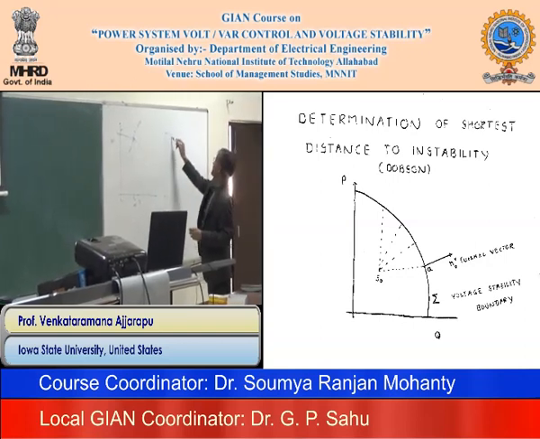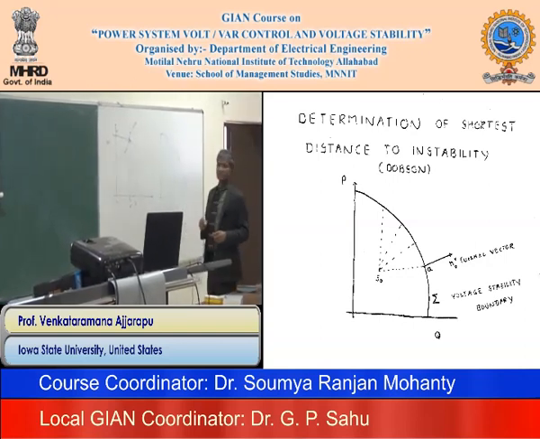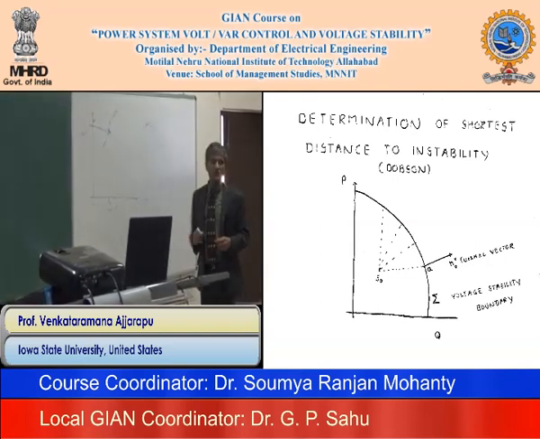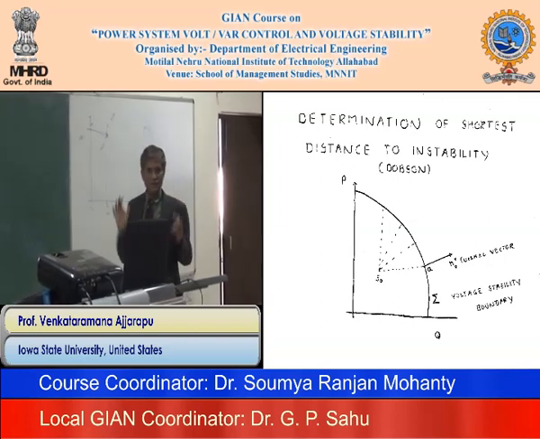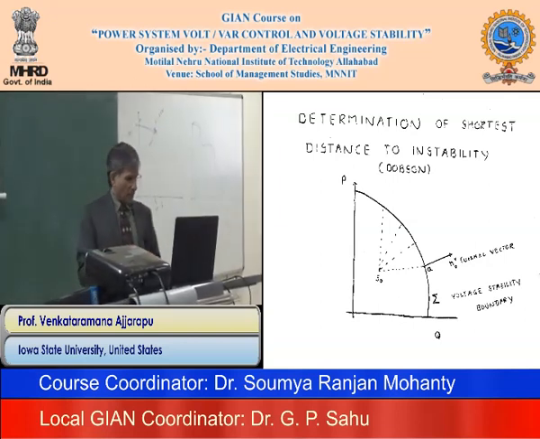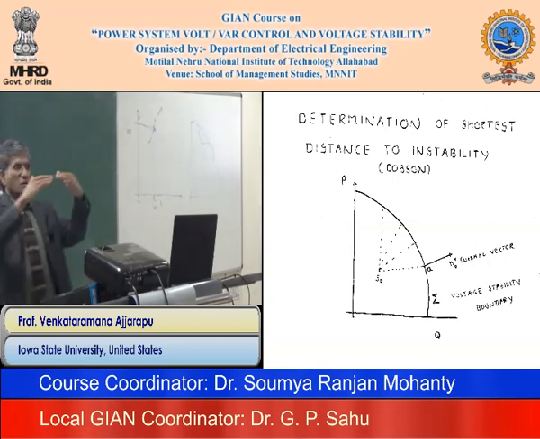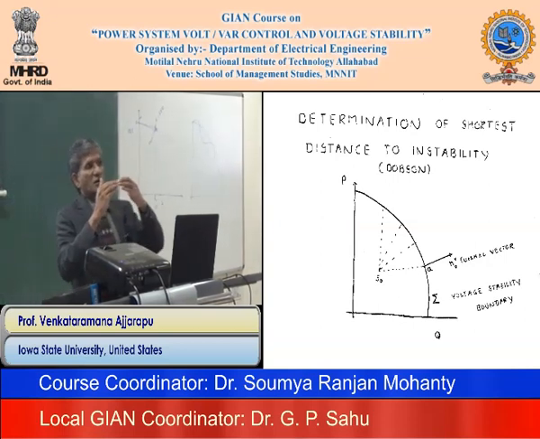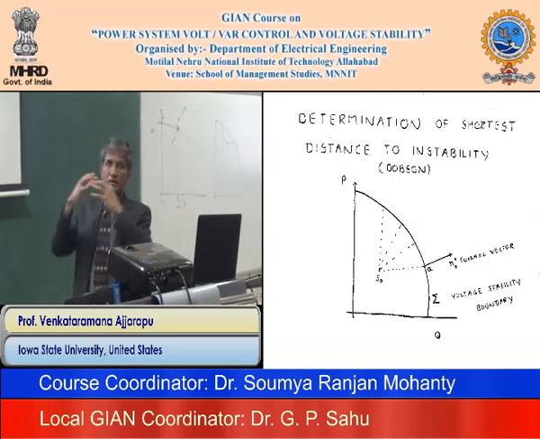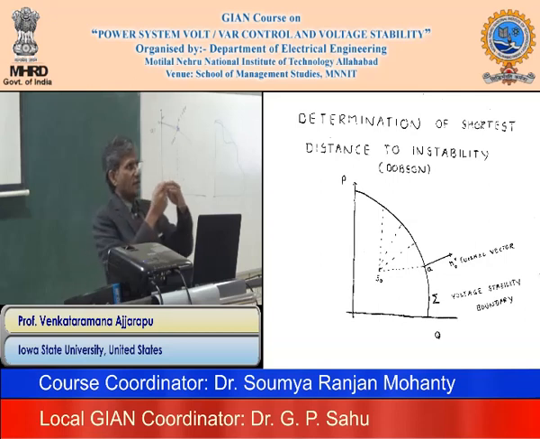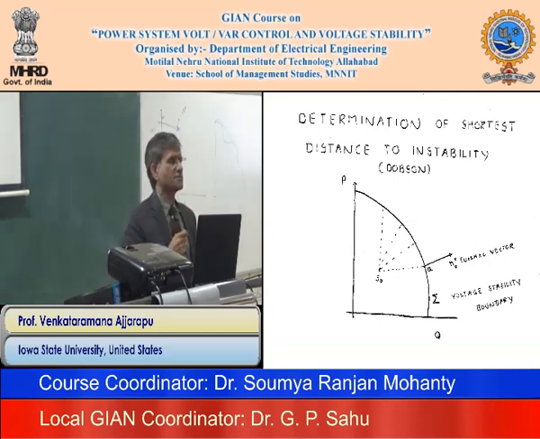Maybe sometimes you can have a boundary like this, right? Then how can you say which one is the closest one? Then it becomes difficult. But within the range, assuming that boundary is convex like this, what he said is, if I calculate the normal vector for the boundary, and if the load increase is in the same direction as the normal vector, that's the worst case. The worst case load increase.